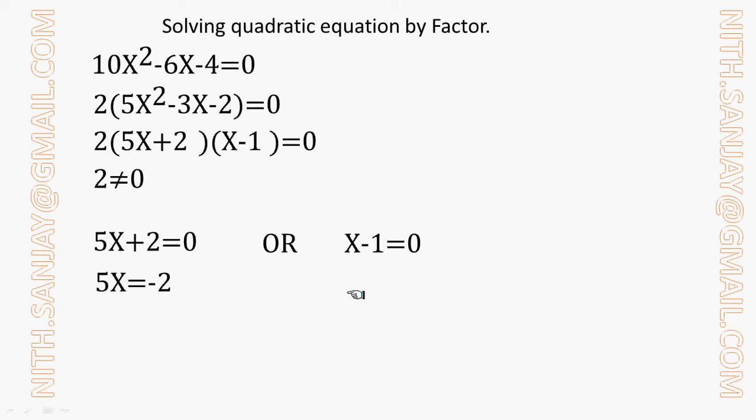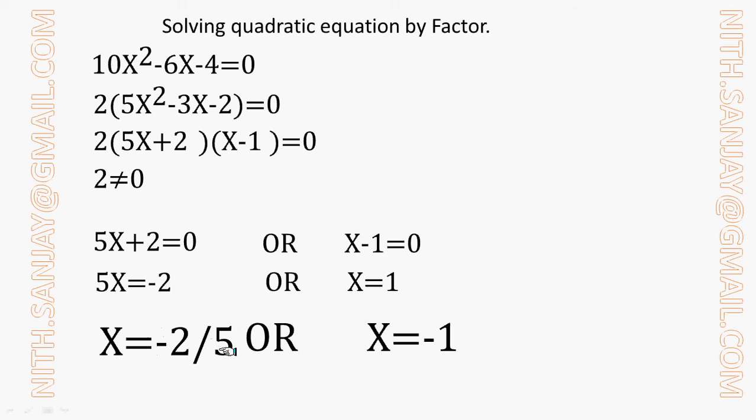Here I will add 1 on both sides, so x is equal to 1 is the solution of this equation. Now here I will divide both sides by 5, so I will get x is equal to minus 2 upon 5. This was a little mistake, so I have corrected it. So here x is equal to minus 2 upon 5 or x is equal to 1 is the solution of this equation.